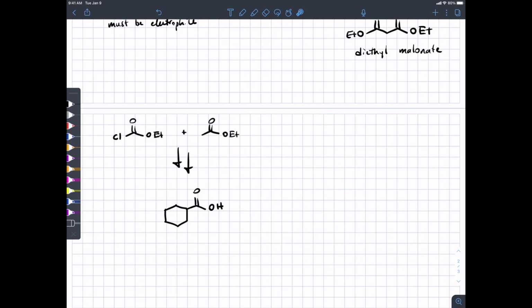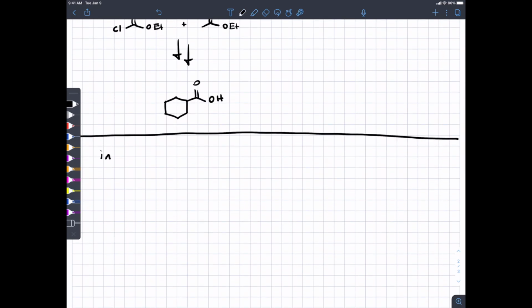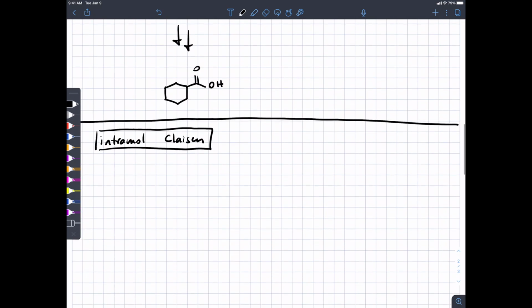All right. As with the aldol, there is an intramolecular version of the Claisen reaction. It has a name, the Dieckmann condensation, but we'll just think of it as the intramolecular version of the Claisen.